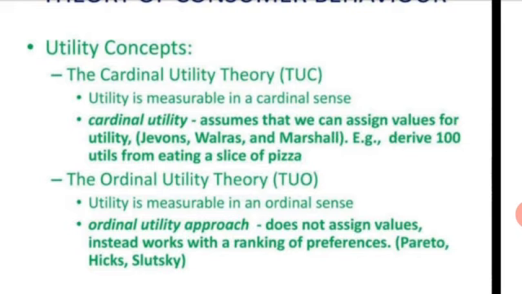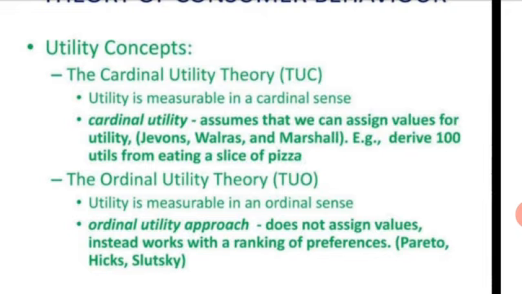Cardinal approach, the chief exponent of Cardinal approach is Marshall, and it involves the use of measurable, means cardinal concepts of utility like weight, height or temperature to study consumer behavior.